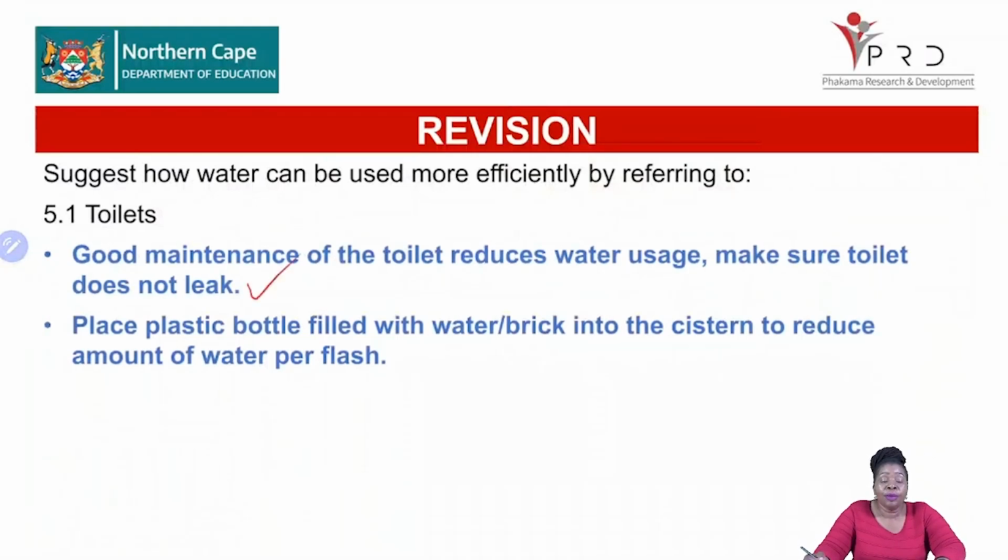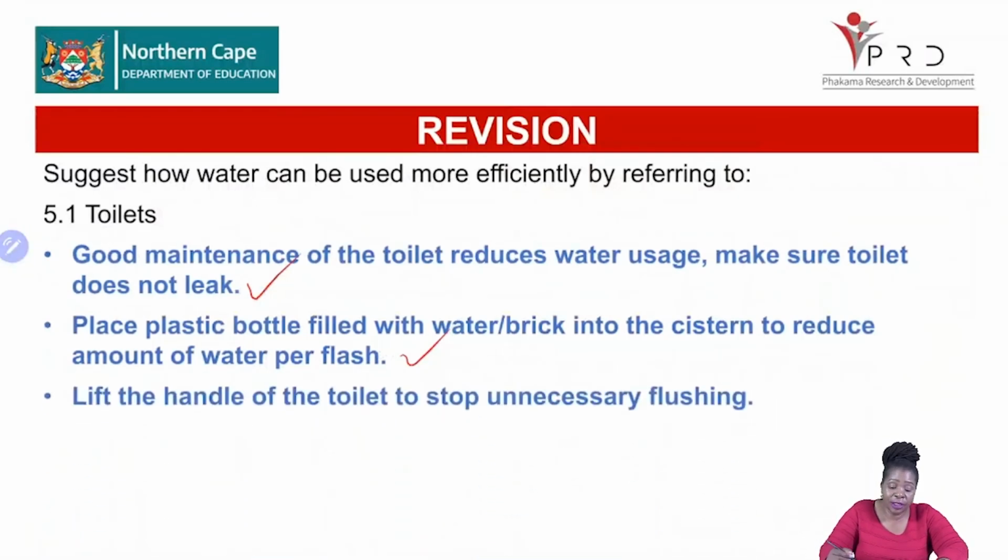And also, place a plastic bottle filled with water or a brick into the cistern to reduce the amount of water per flush, right? And we can also lift the handle of the toilet to stop unnecessary flushing.